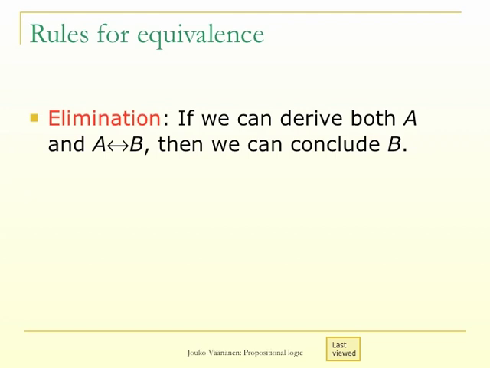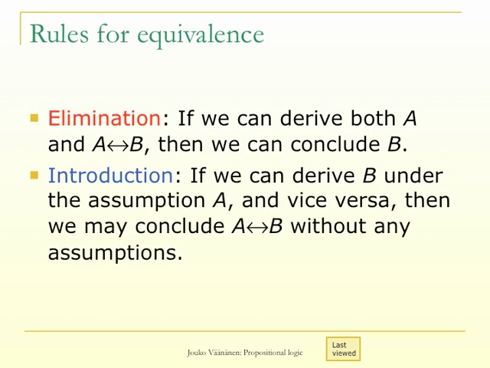The equivalence elimination rule says that if we can derive both A and A if and only if B, then we can conclude B. The intuition behind should be obvious. After all, A if and only if B says that A and B are "equivalent". So if we have derived A, we should accept B too, and vice versa.